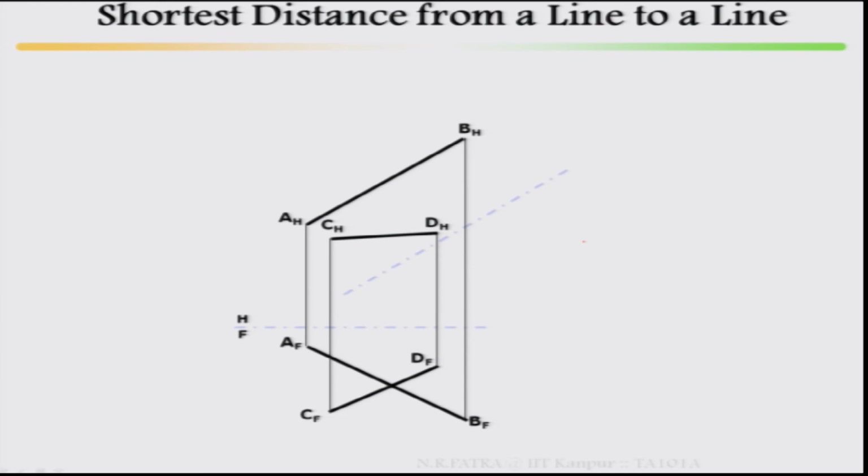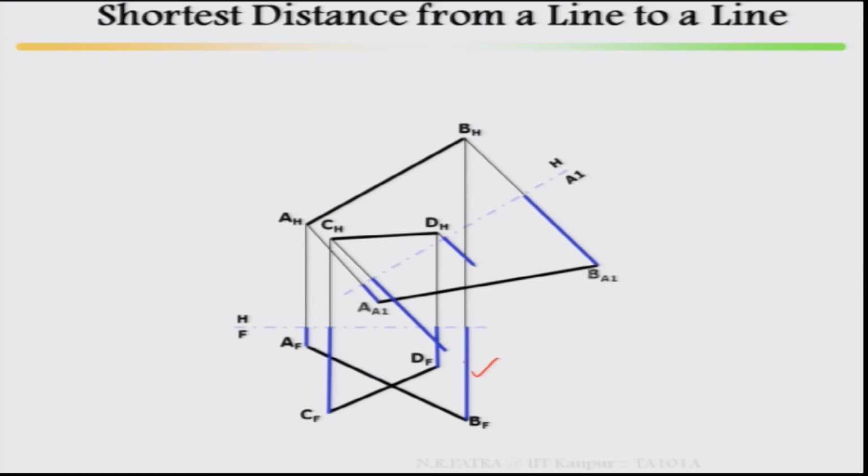Then take one auxiliary plane, then from there measure the distance from the opposite view, that is from the front, and this distance you have to locate and draw the line. This is your true length of AB, then join it, then you are getting a point of intersection.